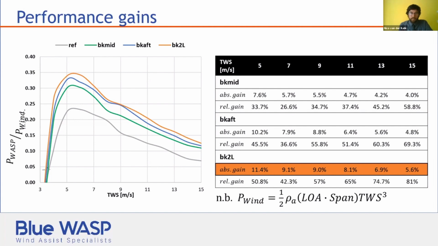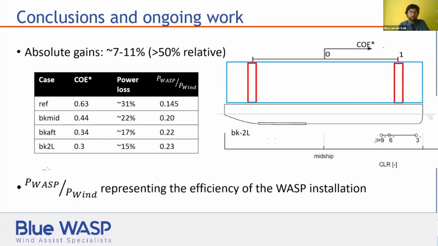So the efficiency of the WASP installation is dramatically increased. I'm afraid I went much too fast. So the absolute gains are on the order of 10% and approximately 50% in relative terms.